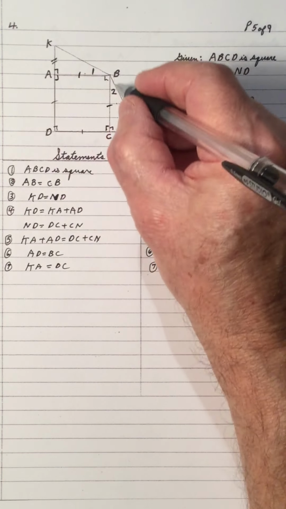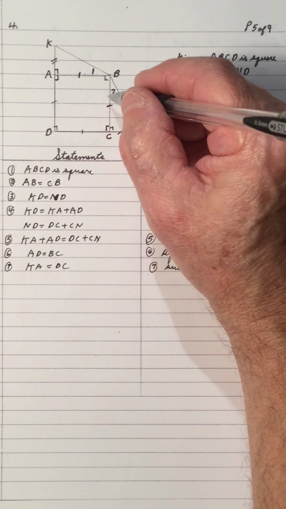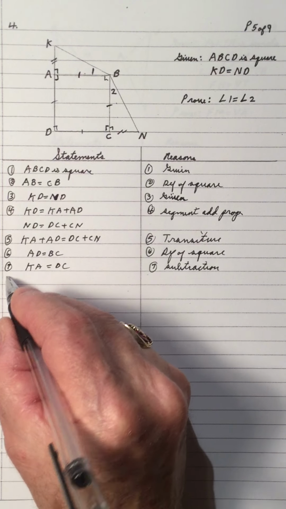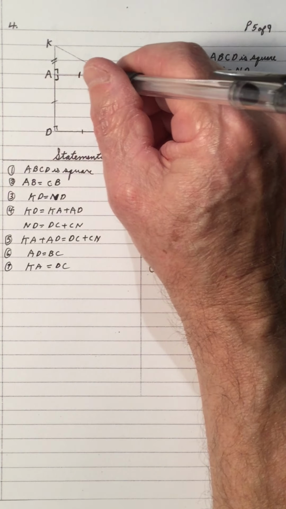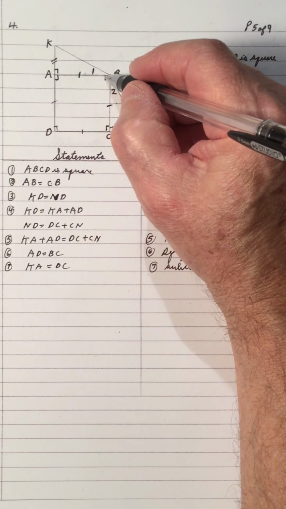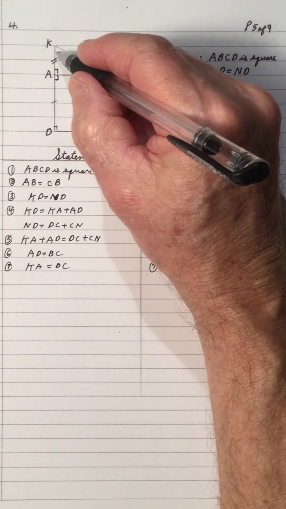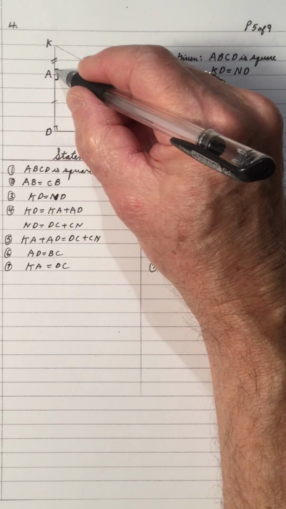So we have this side equals this side. So notice, do we have enough yet? No, we don't have enough yet. We got these two sides equal, BA and BC. We got KA equals NC, and we have right angles.